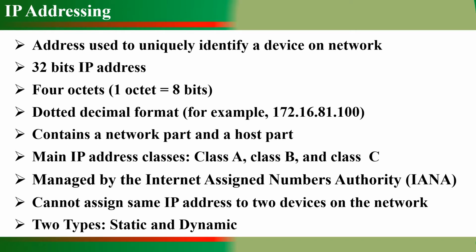IP addresses are managed by IANA, that is Internet Assigned Numbers Authority. We can't assign the same IP address to two devices on the network. We have two types of IP addresses, that is static and dynamic. Static IP address, as the name indicates, never changes.